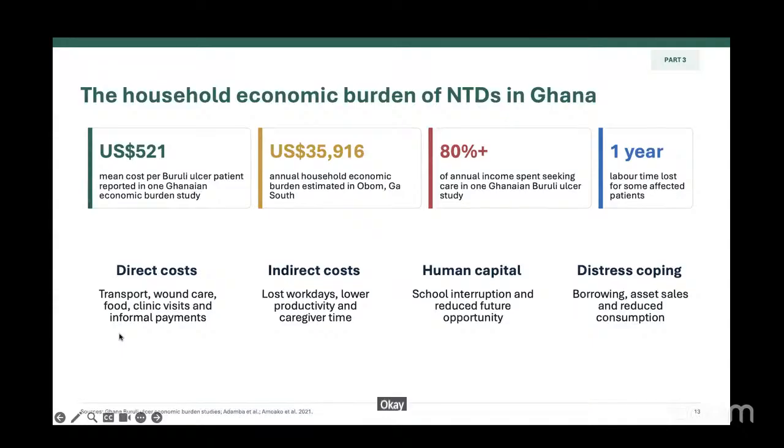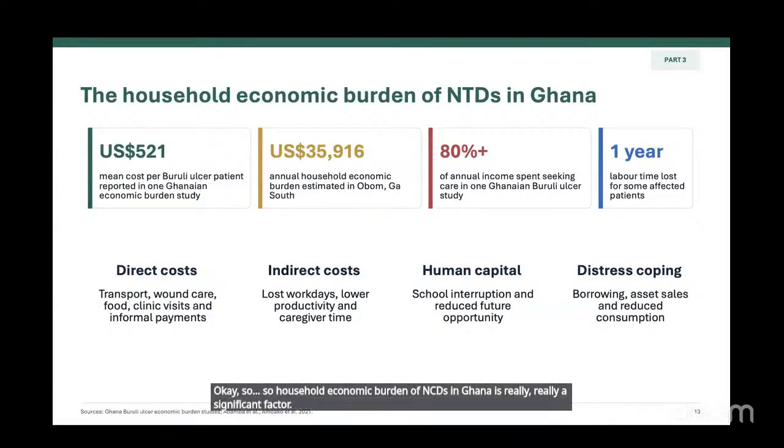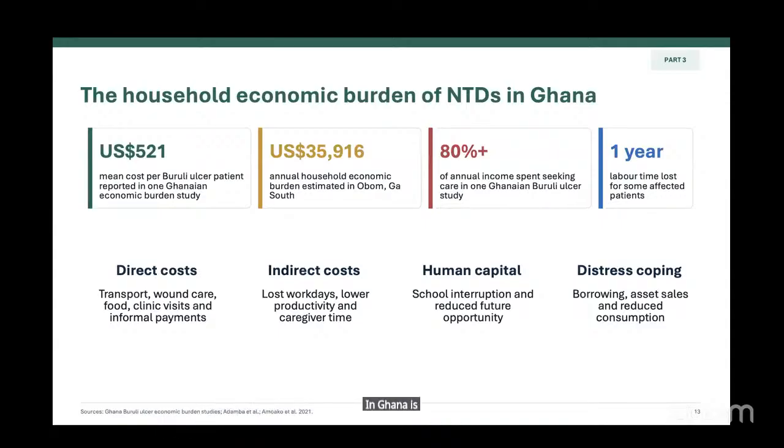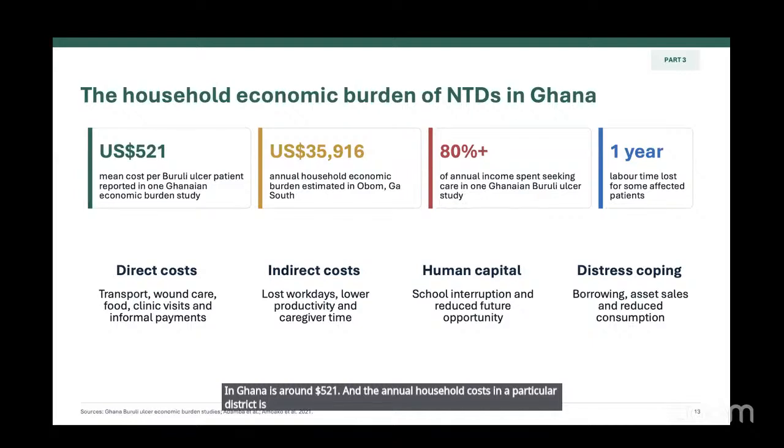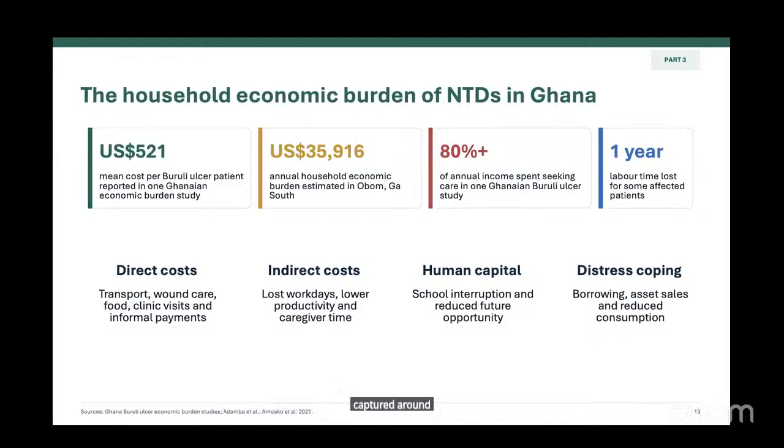Household economic burden of NTDs in Ghana is really a significant factor. Some studies that have been conducted in Ghana suggest that on average, the mean cost, for example, of treating Buruli ulcer in Ghana is around $521. And the annual household cost in a particular district is captured around $35,000.